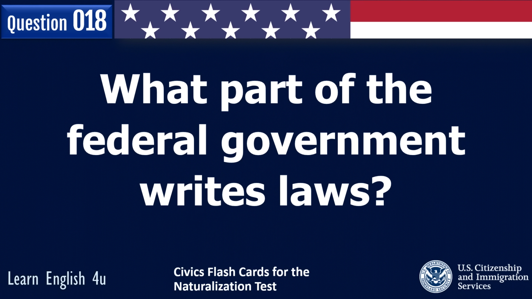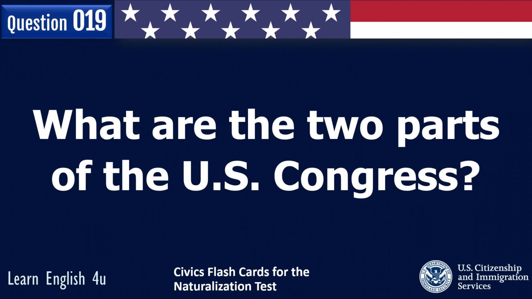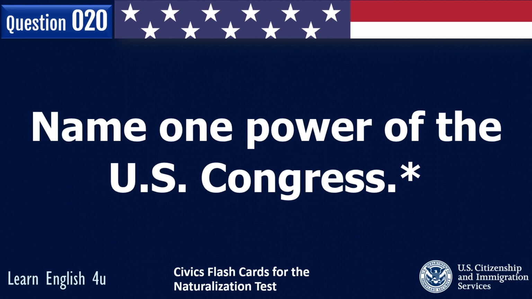What part of the federal government writes laws? U.S. Congress. What are the two parts of the U.S. Congress? Senate and House of Representatives. Name one power of the U.S. Congress.